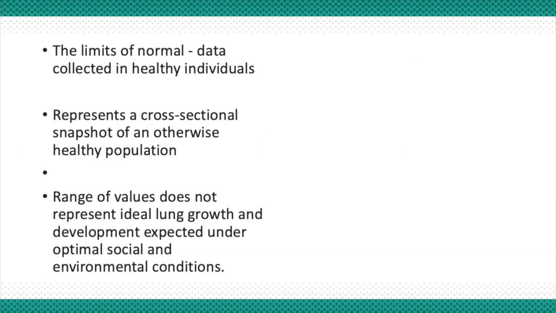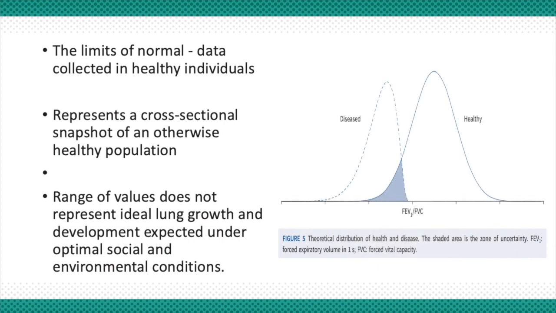The only problem here would be that there will still be a zone of uncertainty in patients where the lung development was affected, where the healthy normal curve is not achieved.